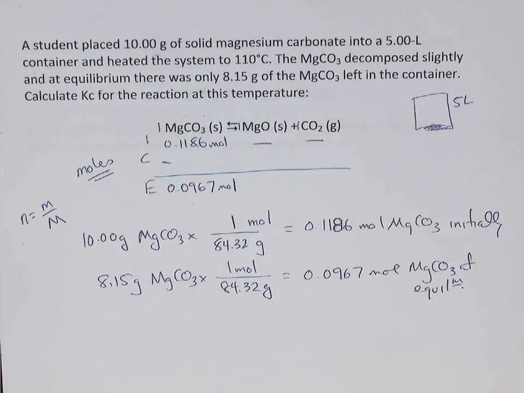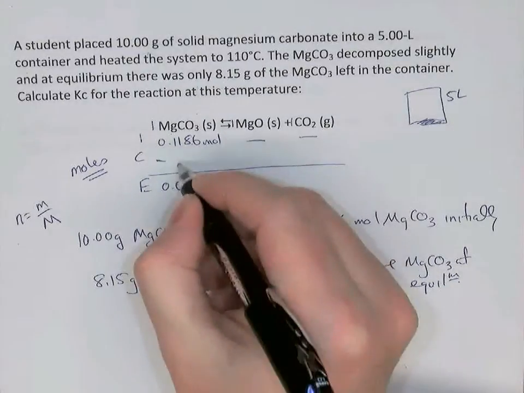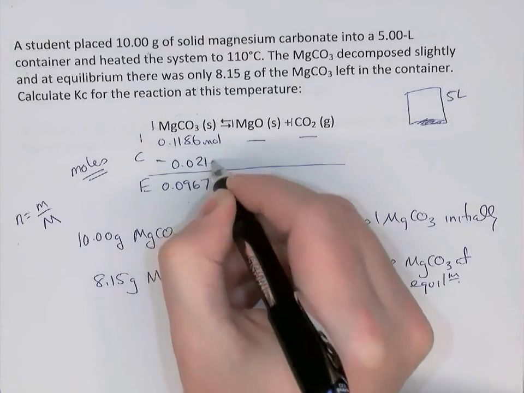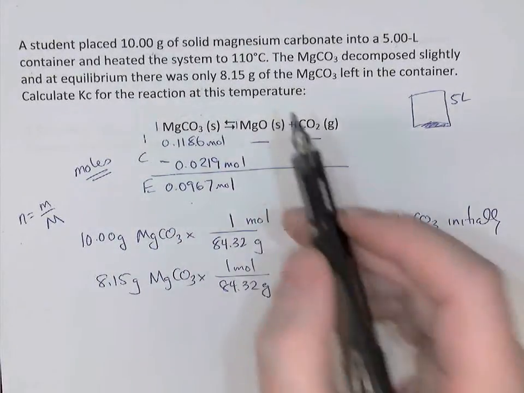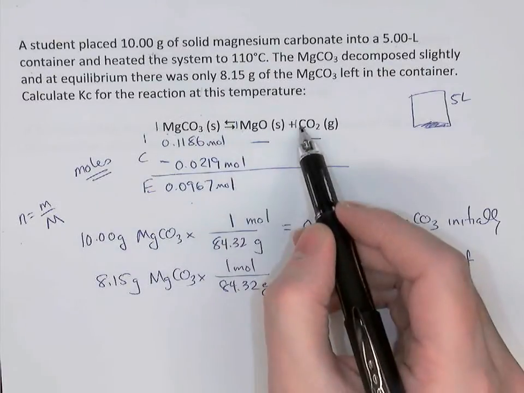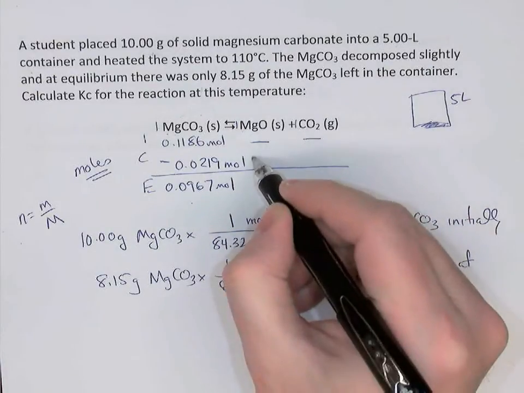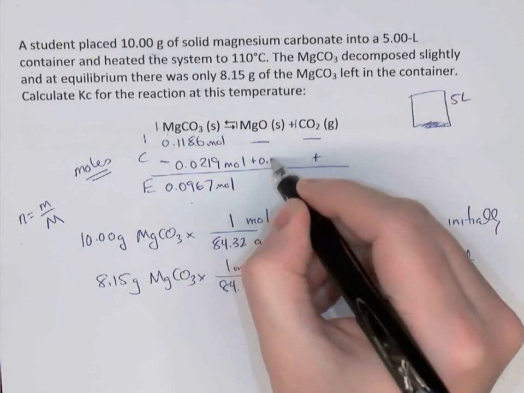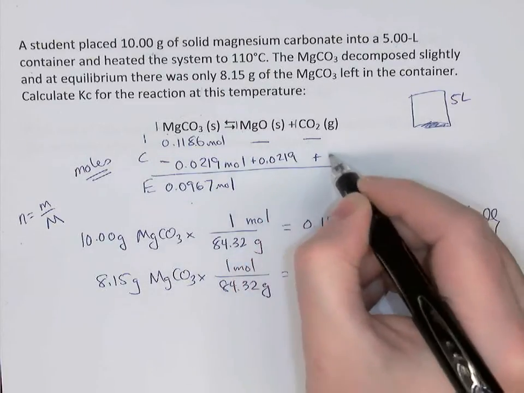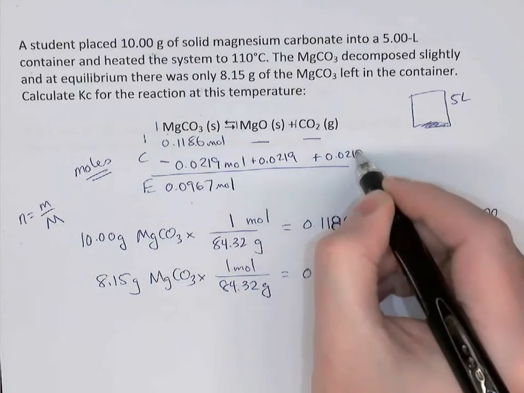We can see how much it lost. So 0.1186 minus 0.0967, it lost 0.0219 moles. And then the ratio 1 to 1 to 1 means that these on the other side of the equation gained the same amounts, 0.0219, 0.0219.